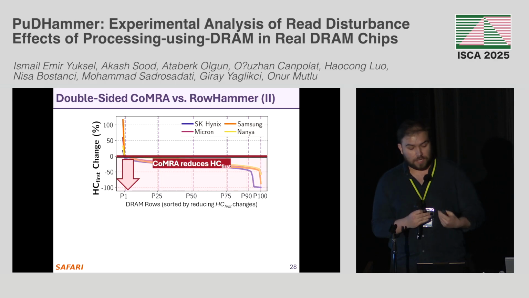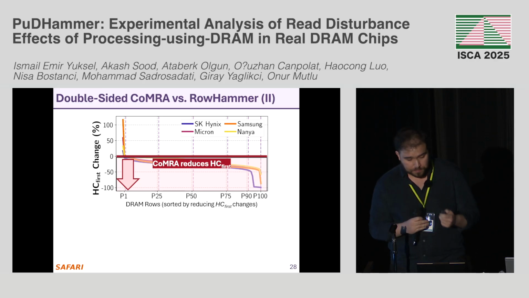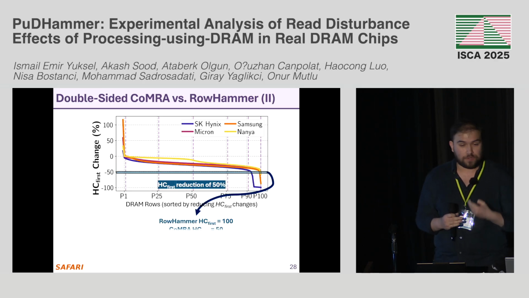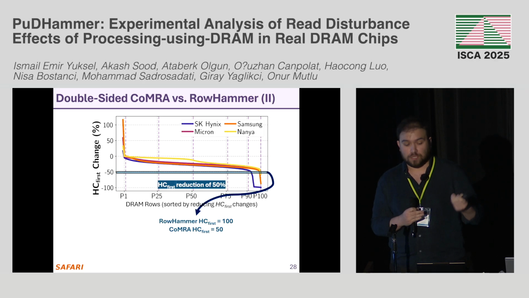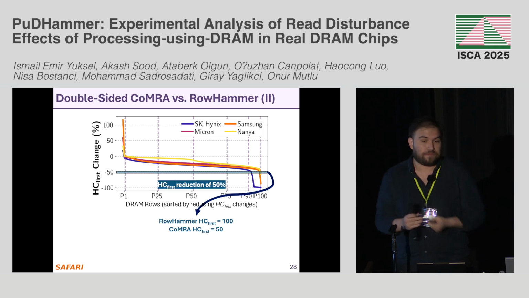Negative HC first change means COMRA reduces HC first compared to RowHammer. For example, an HC first change of minus 50 means RowHammer HC first is 100 and COMRA HC first is 50.